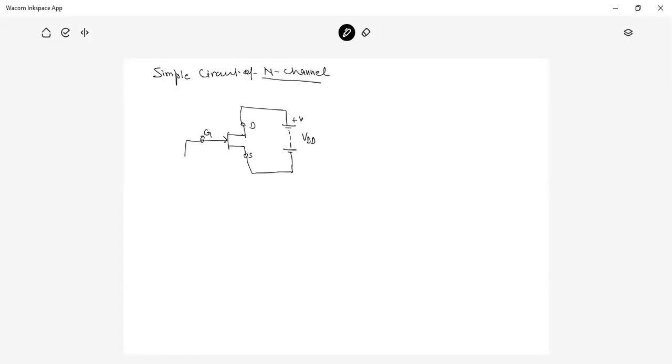This is connected with the negative of this. This is grounded. This voltage is known as VGG. Here negative voltage and here it is positive voltage.